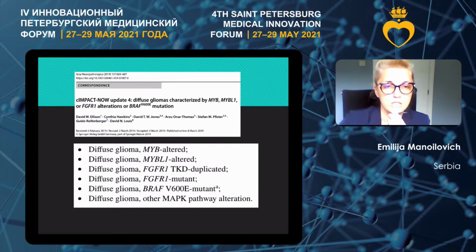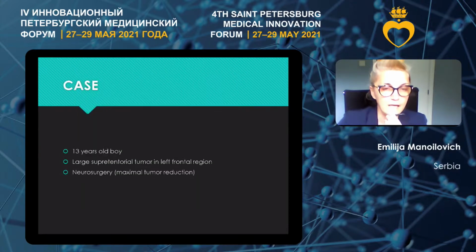Contemporary diagnosis of diffuse pediatric glioma depends upon numerous molecular analyses. The majority of them are related to possible therapeutic options. Today, I'm going to present you a case of a tumor of a 13-year-old boy.